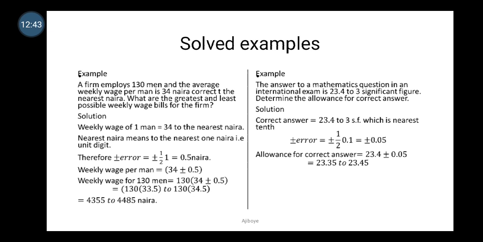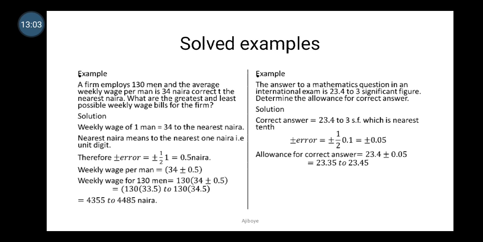So the weekly wage for the firm for 130 men would be equal to 130 times the range. In this case, you have 130 times 33 naira 50 kobo to 130 times 34 naira 50 kobo.